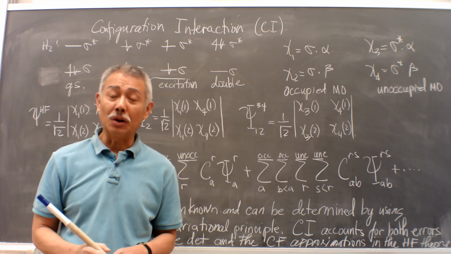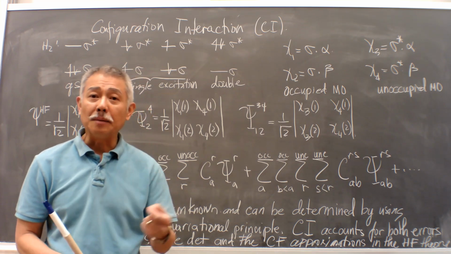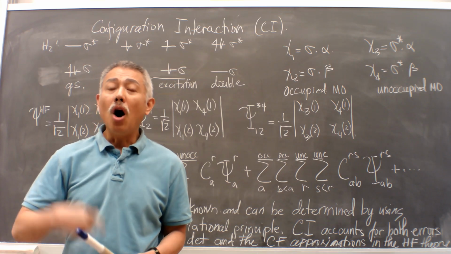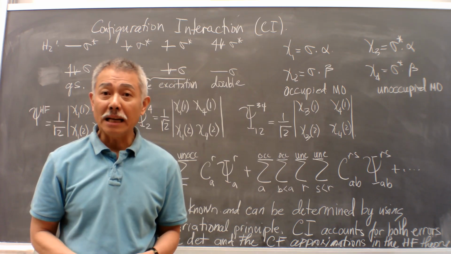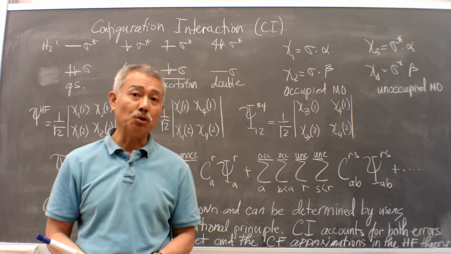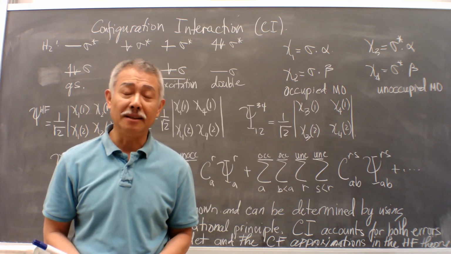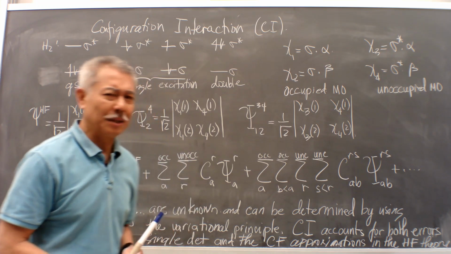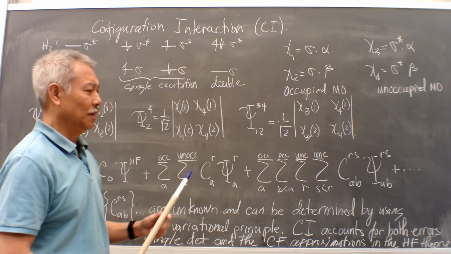In other words, by including all possible excitations, you effectively account for the error in the mean field approximation as well. The problem is it's getting very expensive.